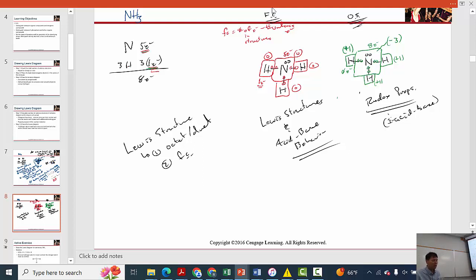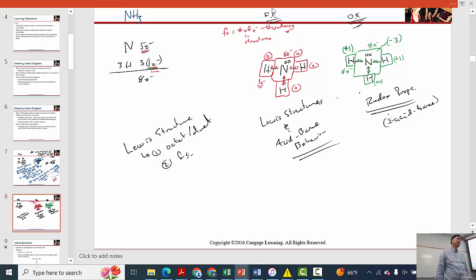Why? Because the formal charges will tell us something about stability. And so let's say if somebody donated 5 electrons but got no electrons back, they might think it's quite unfair, like nitrogen, and it might be unhappy because of that.